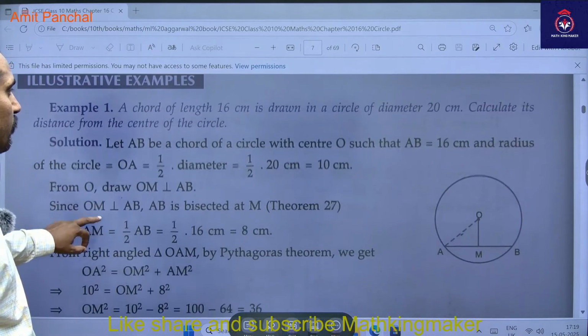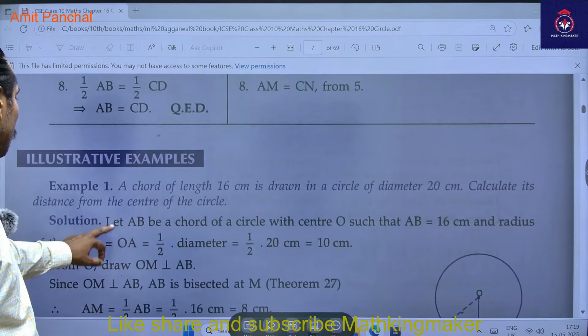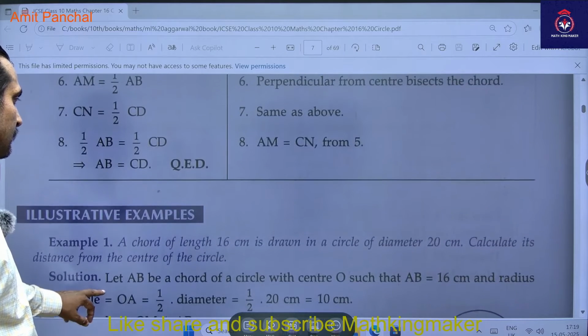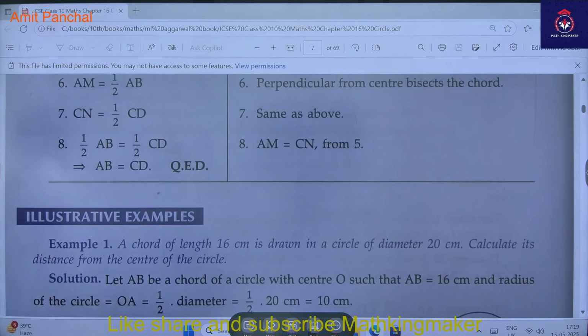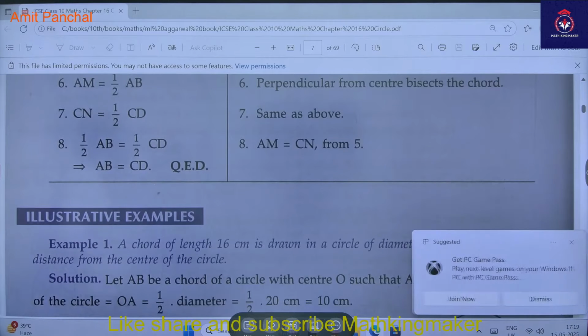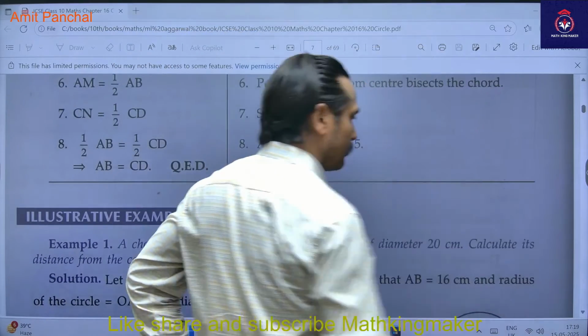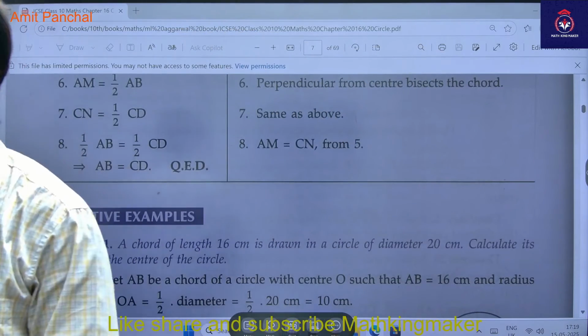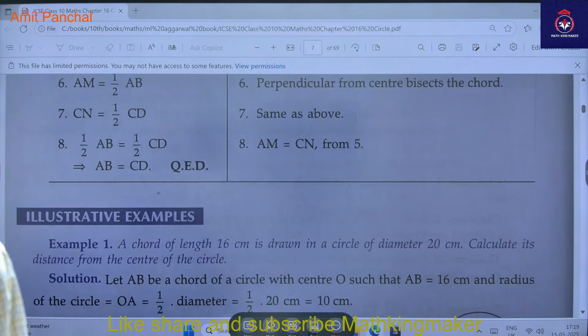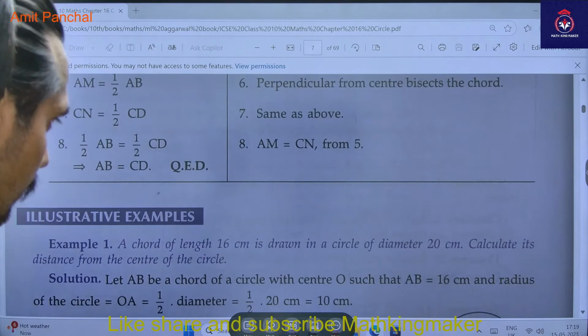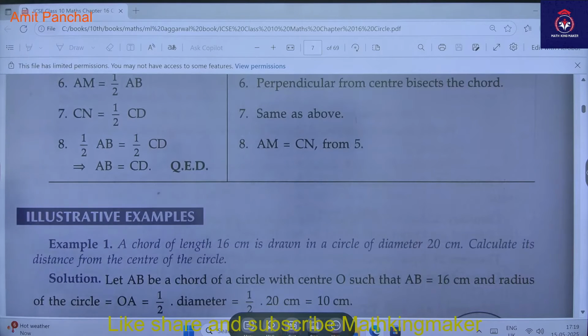Now these are some examples. Can you please go through that? Just try to do this question. That is very simple. Just draw a circle, then you will understand. So a chord is like within the circle, right?